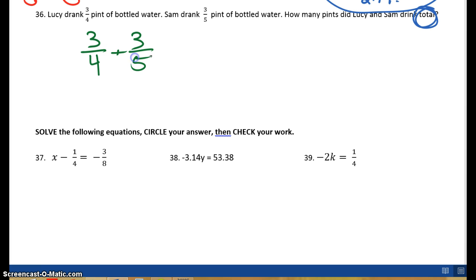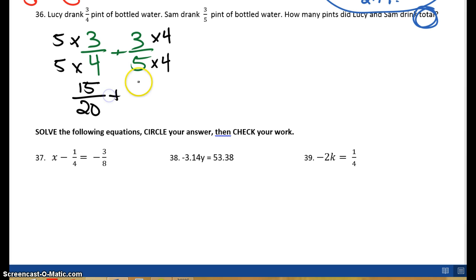Now again, with fractions, since we're adding here, we still have to get those common denominators. So I'm going to change the denominator on both of these fractions to be the same thing. I'm going to change them into 20ths by multiplying the first fraction's numerator and denominator by 5, and the second fraction's numerator and denominator by 4. I end up getting 15/20 plus 12/20.